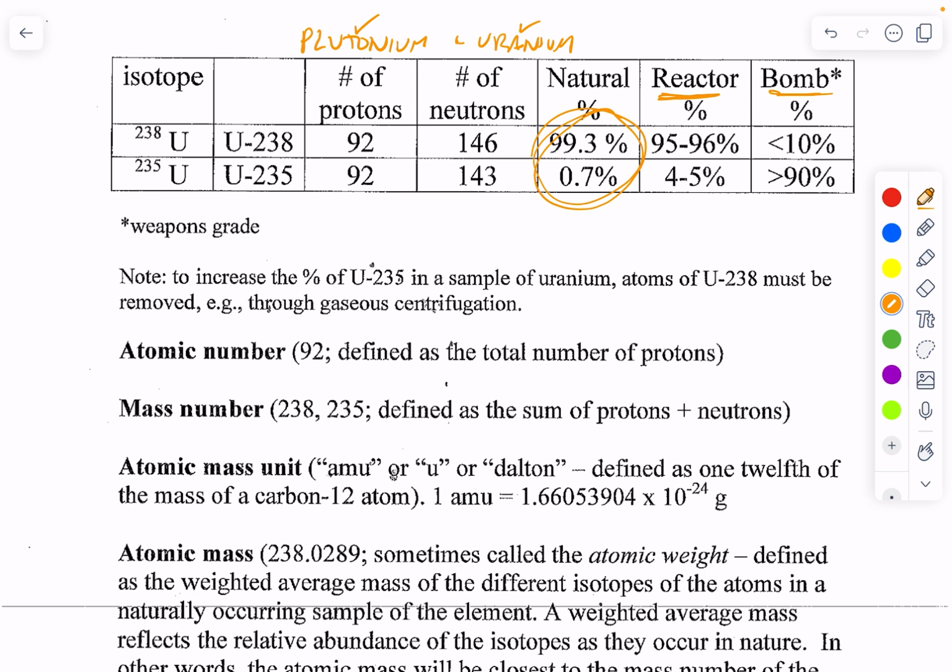And then there's a much smaller amount of uranium-235, about 0.7%. And technically speaking, there is another relatively stable isotope of uranium, uranium-234, with its 142 neutrons, and that's really not worth talking about in terms of its abundance. So I'm going to limit my discussion to uranium-238 and 235.